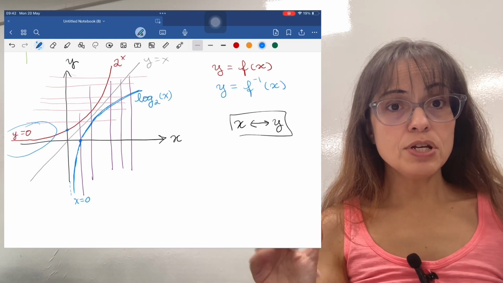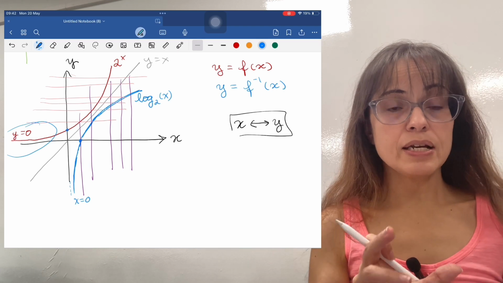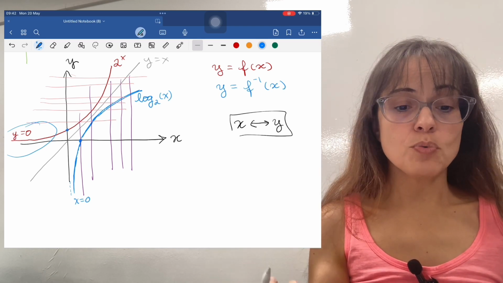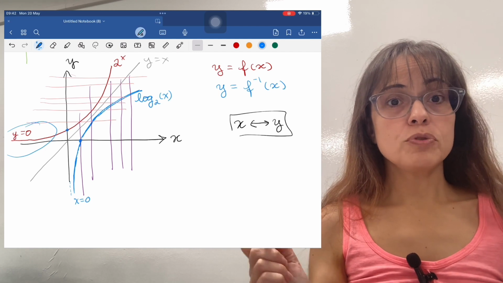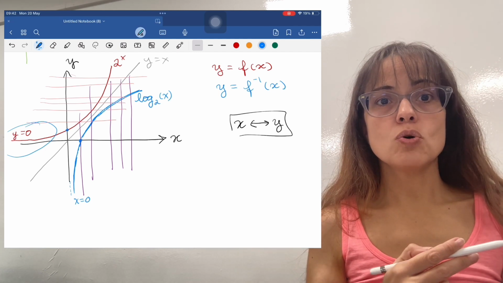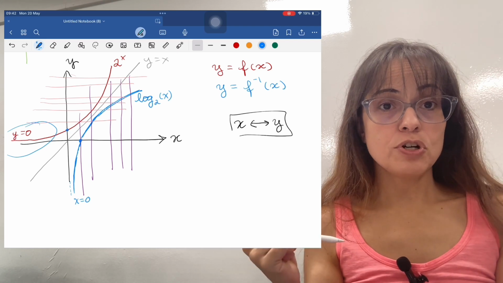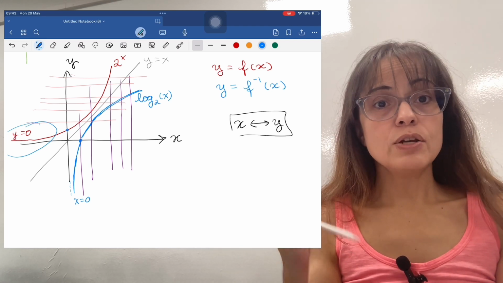But another interesting thing that also switches x and y in not as immediately obvious a way is that when you talk about the domain of a function, that is all the possible values of x. And when you talk about the range of a function, that is all the possible values of y.